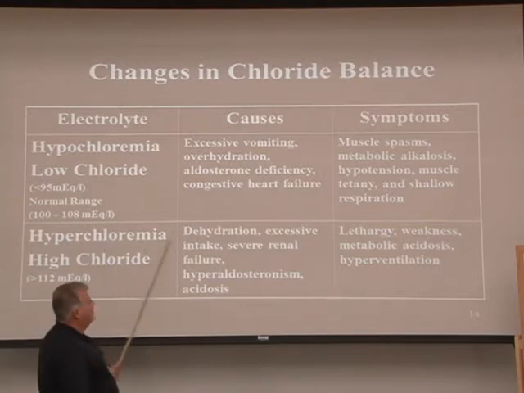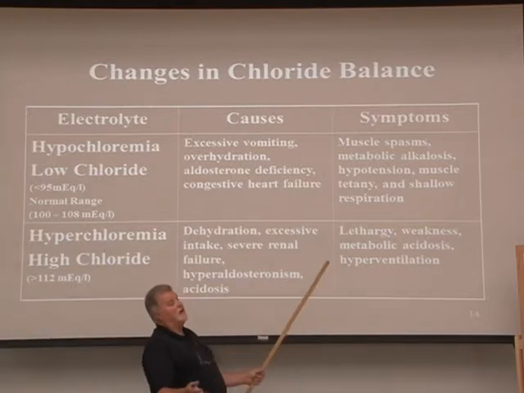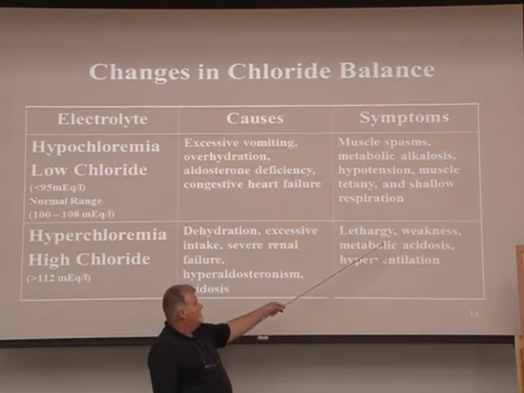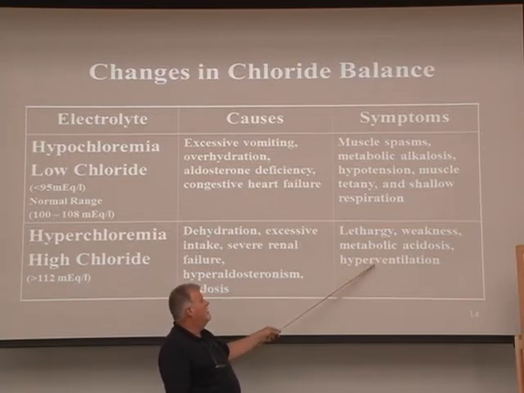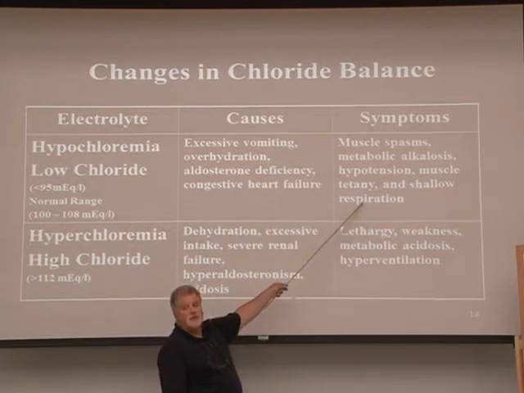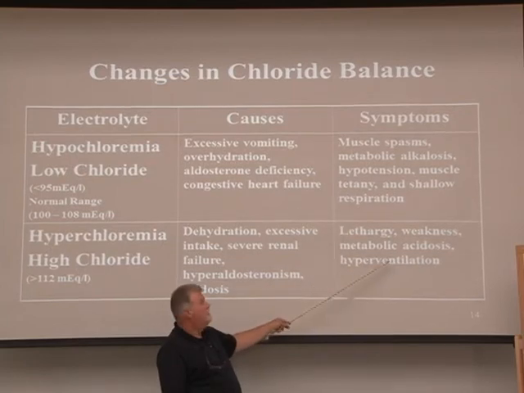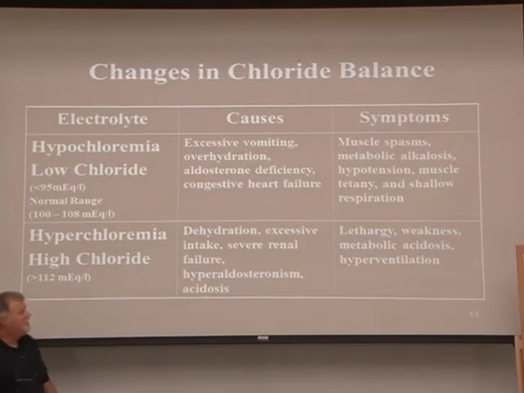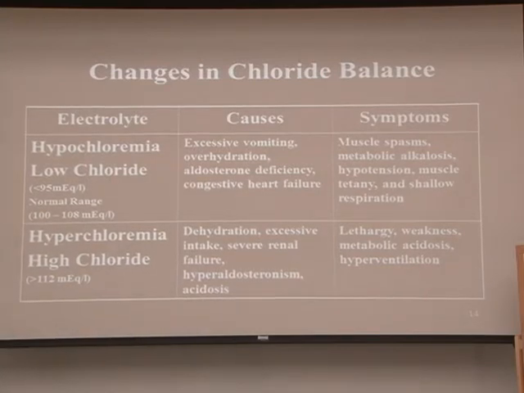And then in hyperchloremia, we would have somebody who's really tired, very lethargic in the brain. And then we have weak metabolic acidosis and hyperventilation. So shallow respiration, rapid deep respiration, opposite of that, was kind of interesting.